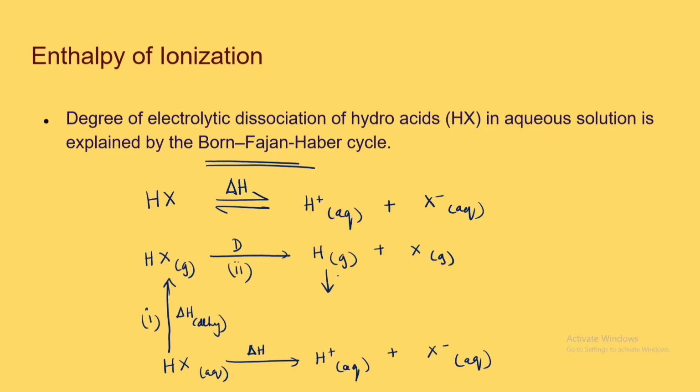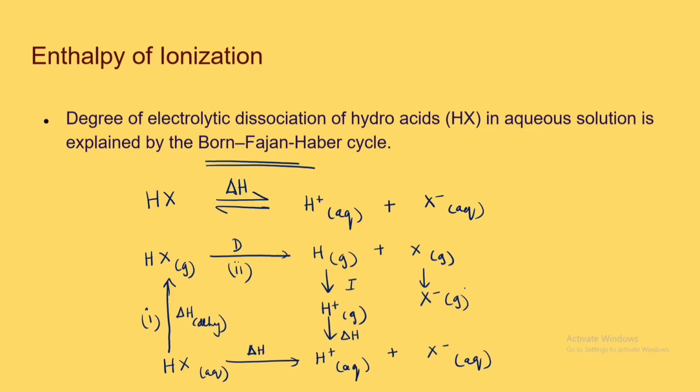Next, here H has to be converted to H plus. So that is nothing but the ionization. So H plus in the gaseous state. Now this will be converted to H plus in the aqueous state. So here we have delta H, and here we have again the ionization, right? So here again, X has to be converted to X minus, in the gaseous state, right?